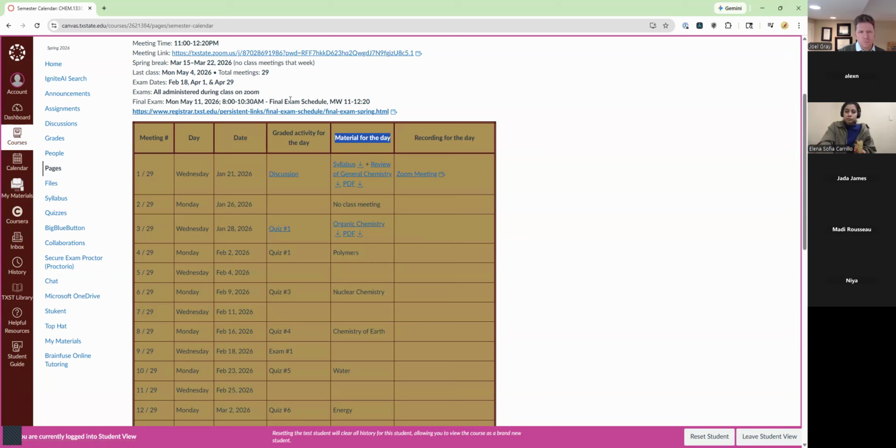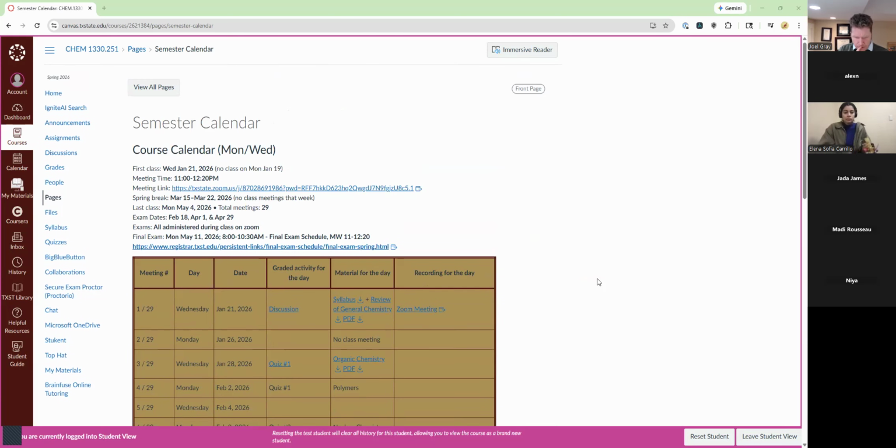From my experience and most folks' experience, the one that works best on a mobile device is the PDF. I think it's more compatible with Canvas and the Canvas app.